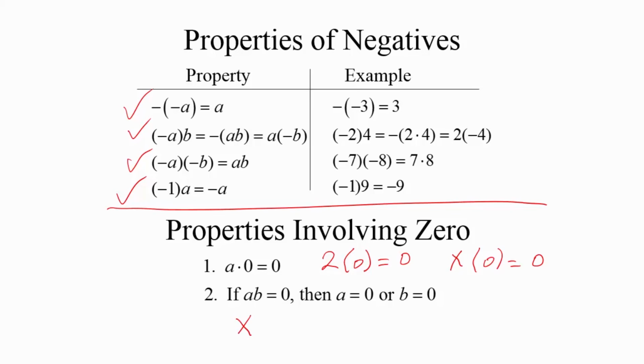If we see x times y equals 0, that means either x is equal to 0 or y is equal to 0. We're going to use this in solving equations very soon. You're going to see this application of the properties involving 0.